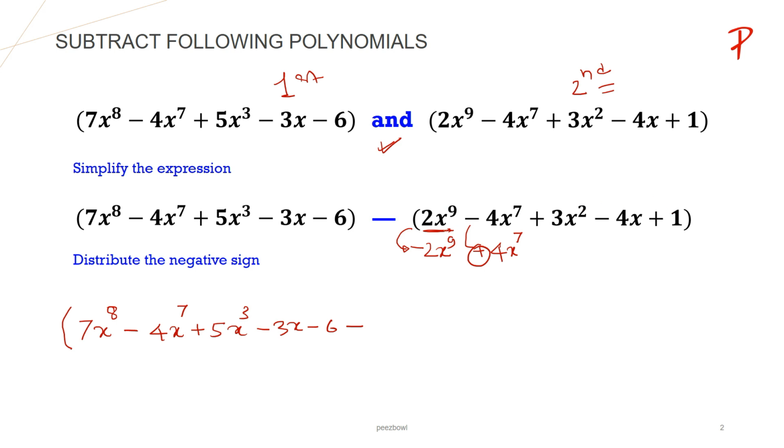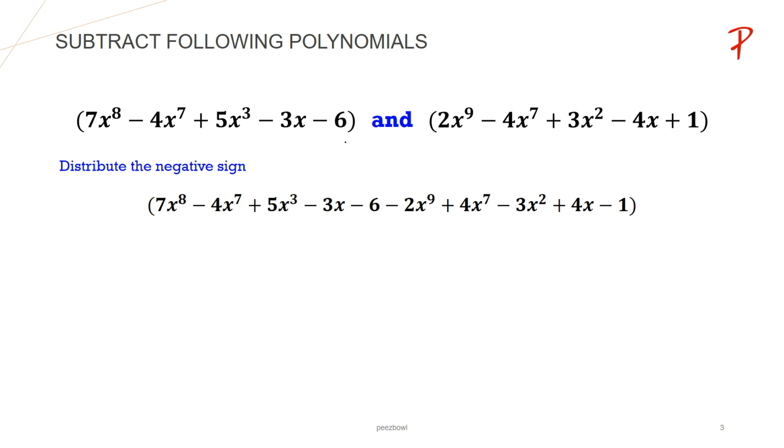So plus 2x to the power 9 will become minus 2x to the power 9, minus 4x to the power 7 will become plus 4x to the power 7, then plus 3x square will become minus 3x square, minus 4x will become plus 4x, and then minus 1. So this is how we distribute the negative sign.